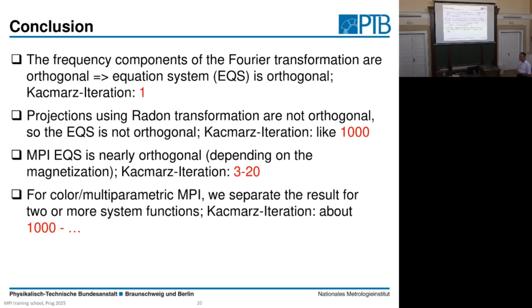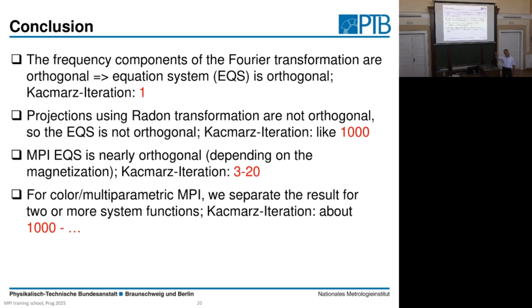Okay, let me conclude. The equation system made totally with the Fourier transformation is orthogonal, and this I have not taught until now. Kaczmarz's algorithm takes a big advantage if your equation system is independent, which means every equation is orthogonal to each other. Because it is done in an inner iteration, equation by equation.